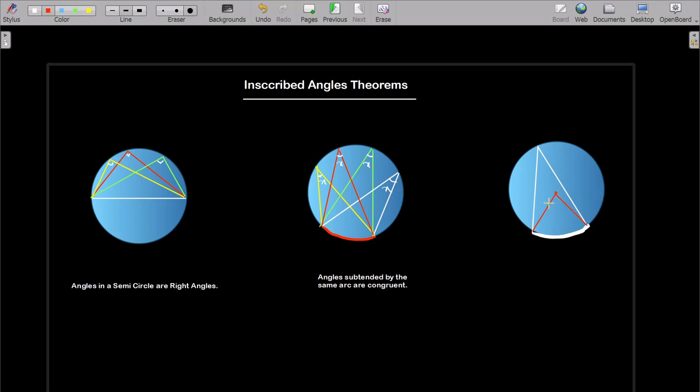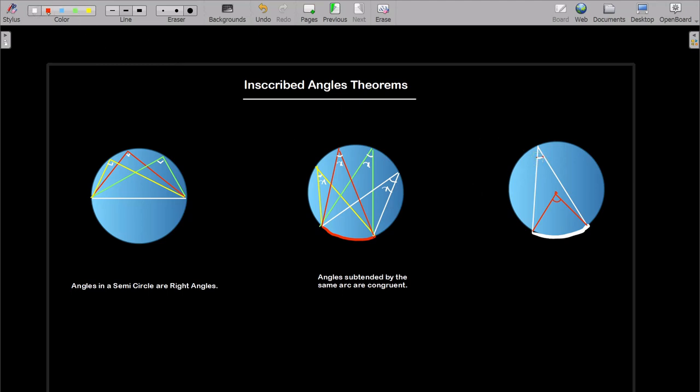Then this angle which is at the center of the circle will be twice this white angle. So this red angle will be twice the white angle.